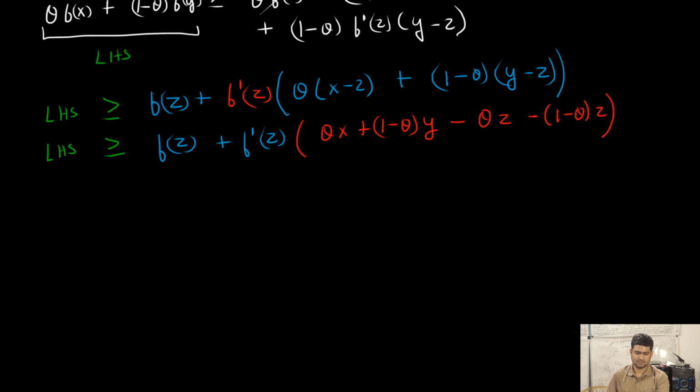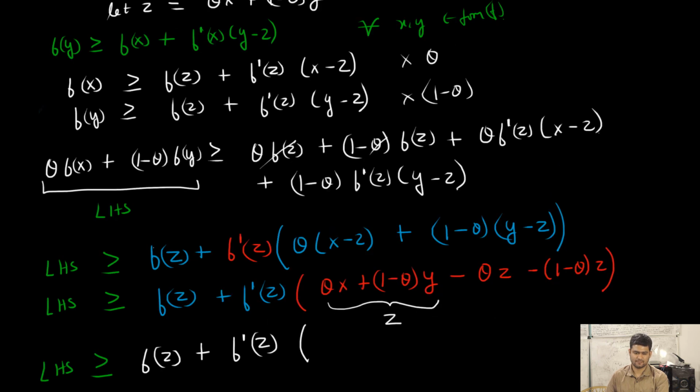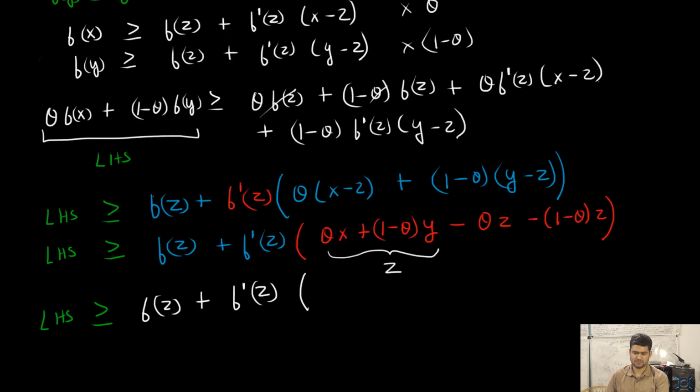So this satisfies that LHS is greater than or equal to f of z plus f dash z times, so this is nothing but z, which we assumed over here, as z equal to theta times x plus 1 minus theta times y.